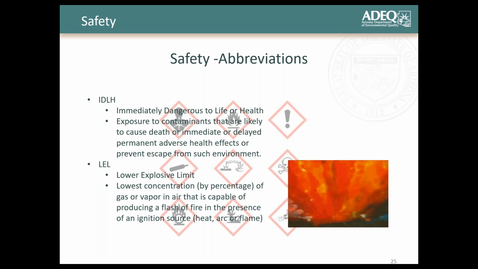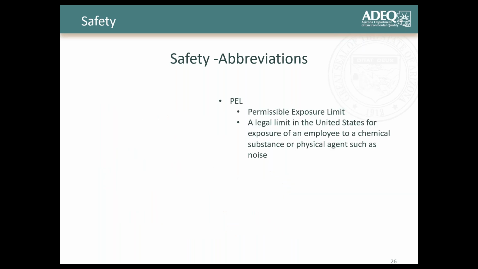So usually a lot of your chemicals will give you the lower explosive limit of that particular chemical. A lot of your gas detectors are reading the lower explosive limit in your atmosphere.